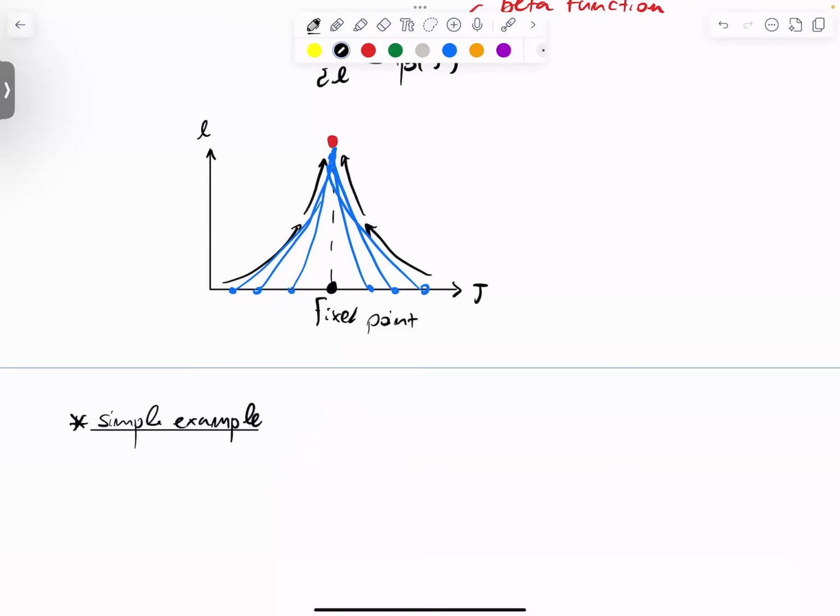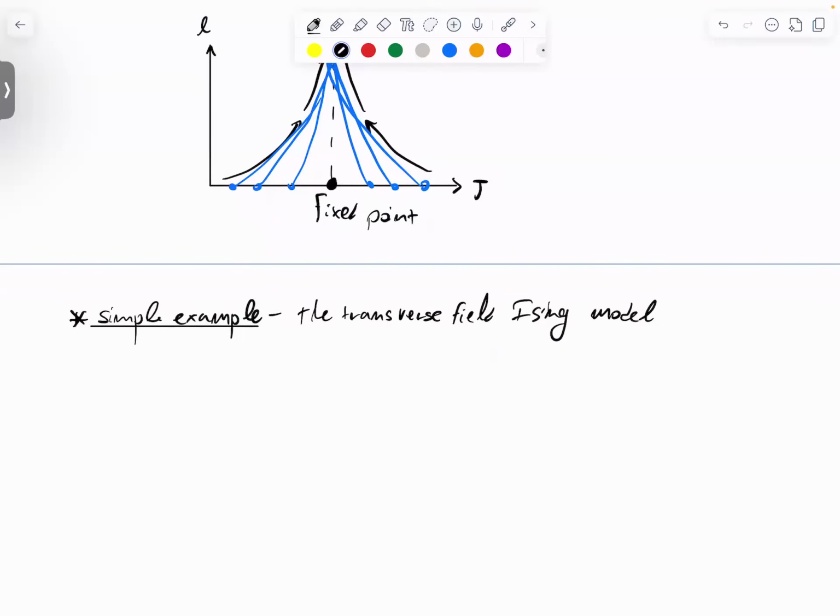Which is the transverse field Ising model. Okay. So, has anyone encountered the transverse field Ising model?